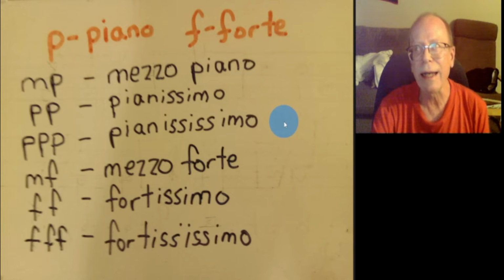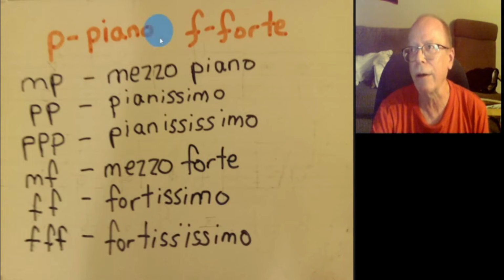All right? Now, we get into another little variations on it. You'll see this, MP. All right? That means mezzo piano. Mezzo kind of means middle, all right? So it's just a little less quiet than piano, all right? And then PP, pianissimo.